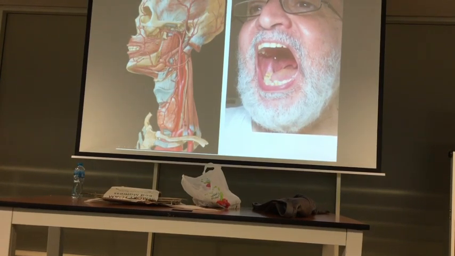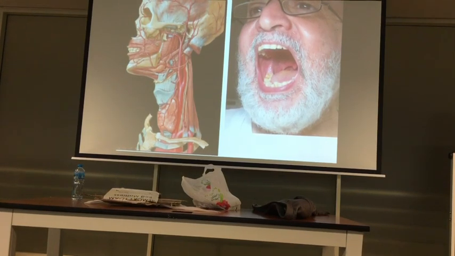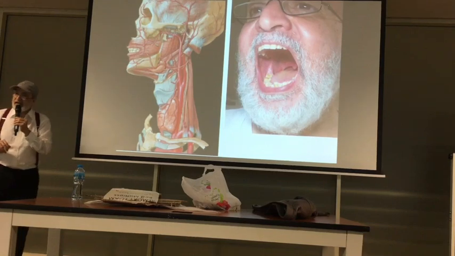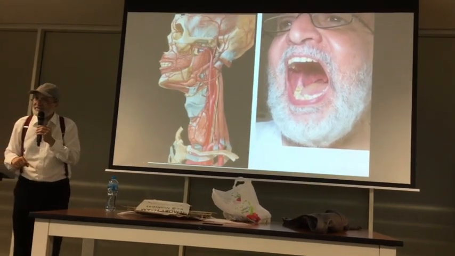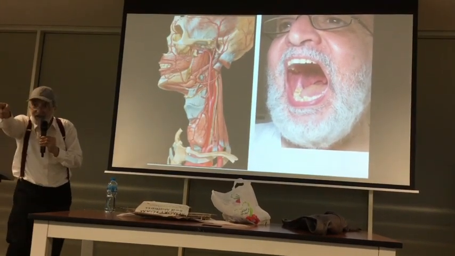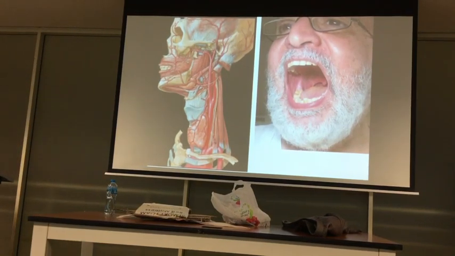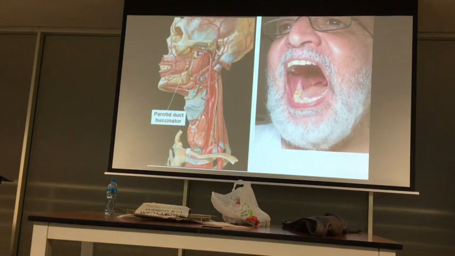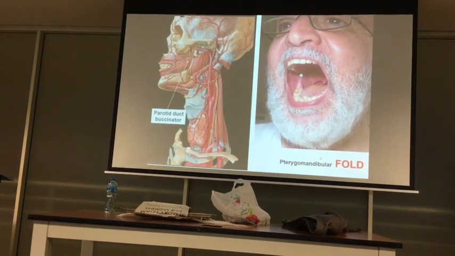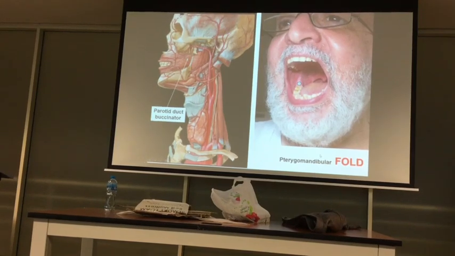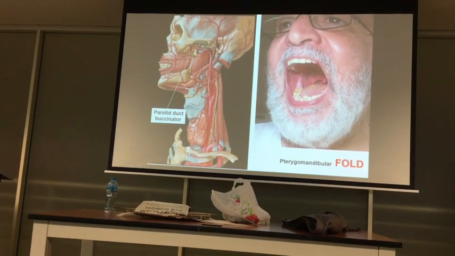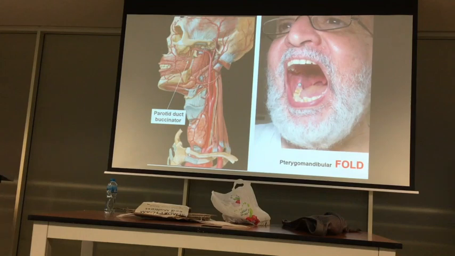This is the hamulus. But this is not the raphe anymore because it is covered with mucosa. It is called the pterygomandibular fold. So here is the parotid duct opening. This is the pterygomandibular fold.